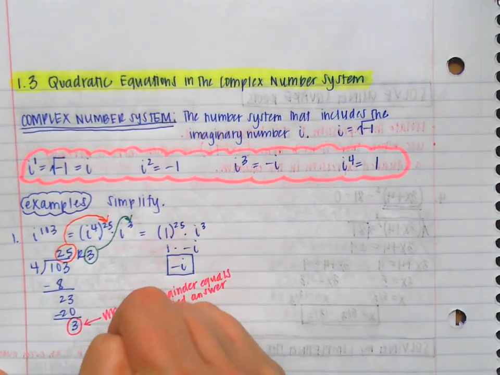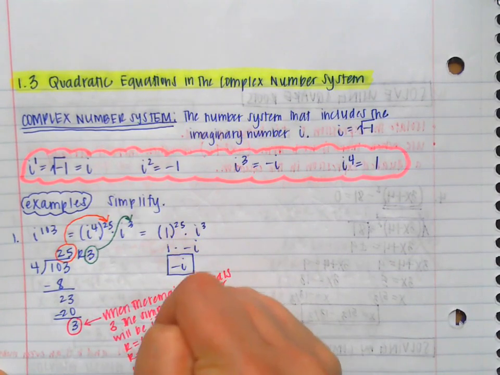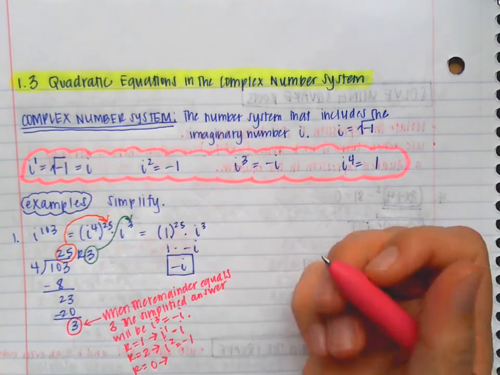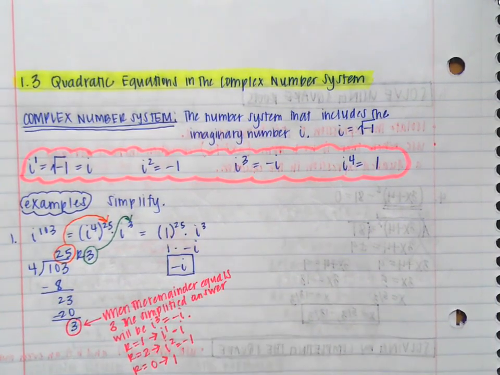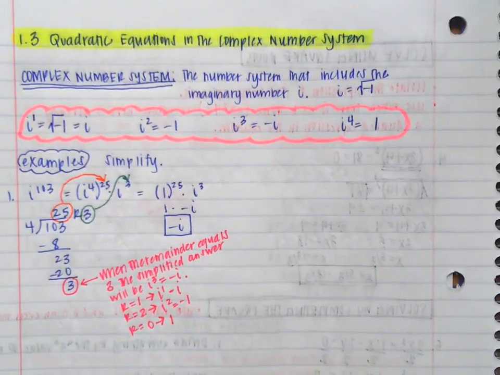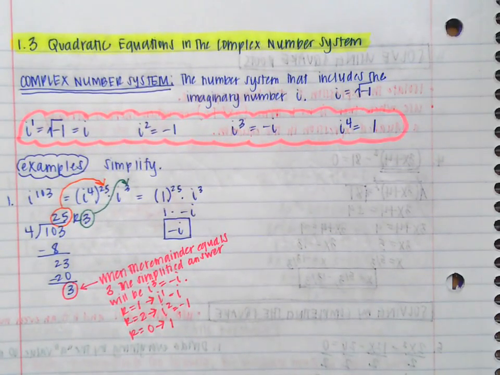And if the remainder is 0, it's going to be I to the fourth, or just 1. And if your remainder is 4, like I said, you've done division wrong. So keep going. You should have 0 then.